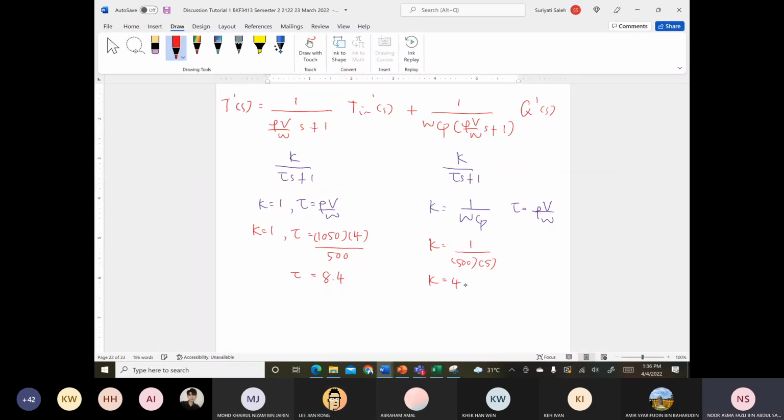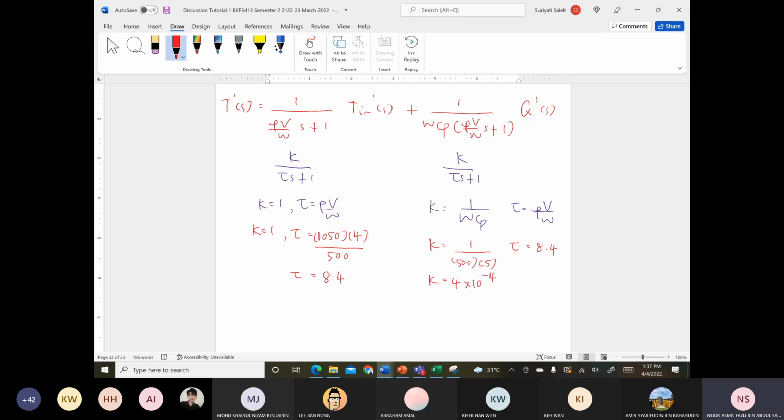Alright. And then the tau is rho V over W, so the tau will remain the same as the first transfer function, which is 8.4. So basically, in this case, you have different values of K, and the same value of your time constant.